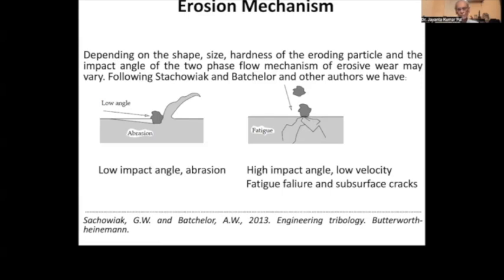As we have discussed just in the last slide, the fatigue failure is due to repetitive or fluctuating stress. Obviously, one after another particle hitting the surface will produce a fluctuating load, and that will cause fatigue failure.